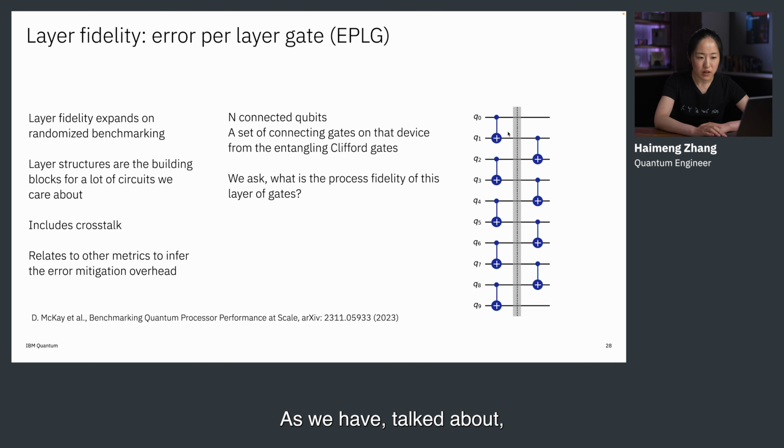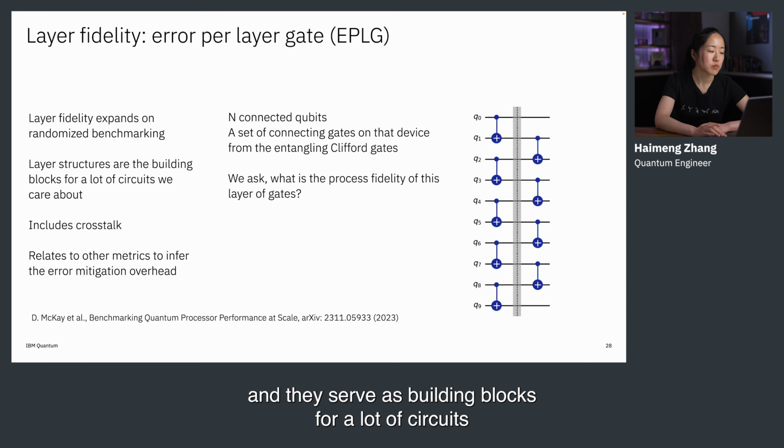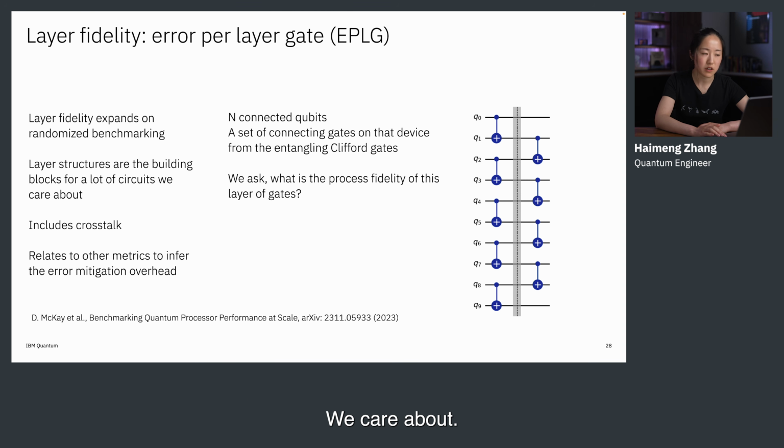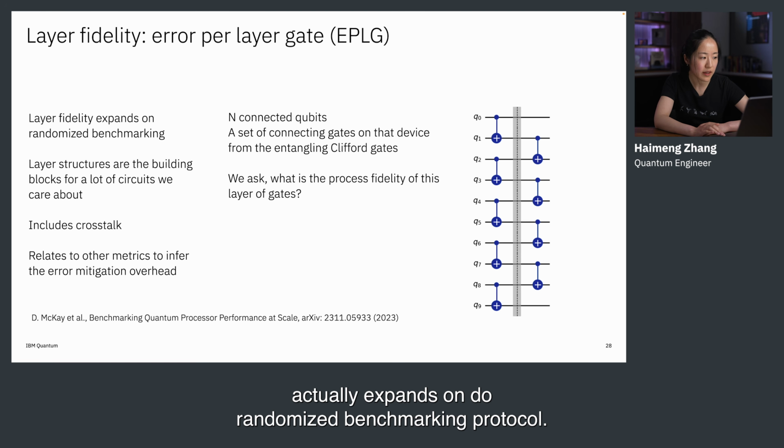As we have talked about, those layer structures are quite relevant, and they serve as building blocks for a lot of circuits we care about. And this layer fidelity includes crosstalk and can be related to some other metrics to infer the error mitigation overhead. In doing experiments, the layer fidelity experiments actually expand on the randomized benchmarking protocol.